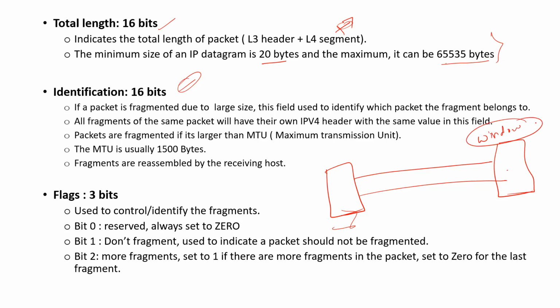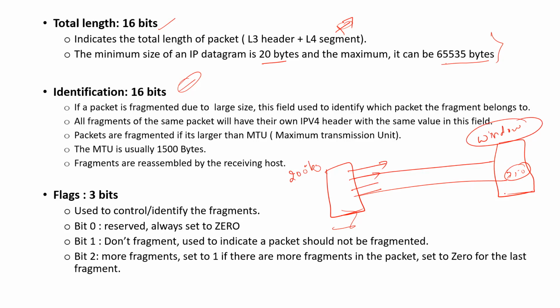If the data size is more, suppose it has to send 2000 bytes of data but has the capability of only 750, then it has to send one time, second time and third time, right?